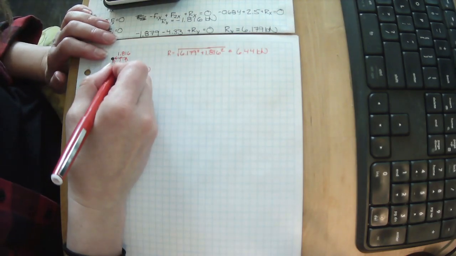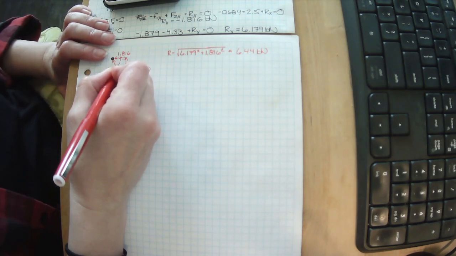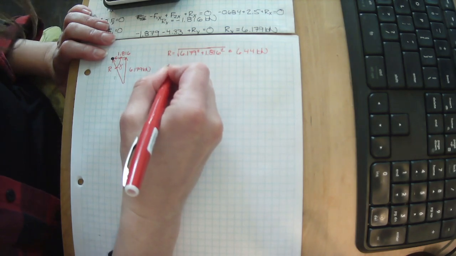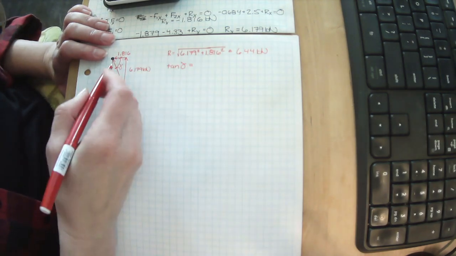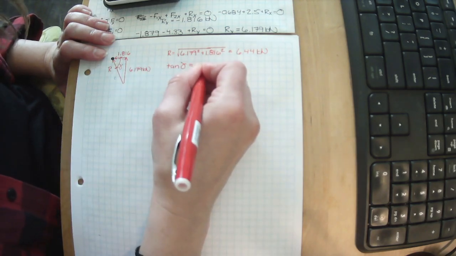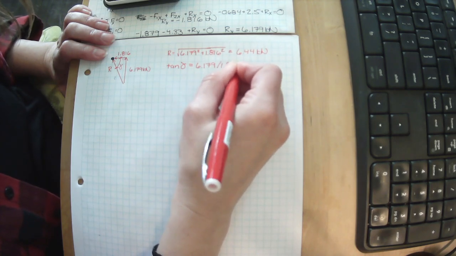And our direction, let's call this angle gamma. Well, the tangent of gamma is going to be opposite over adjacent, or 6.179 divided by 1.816.